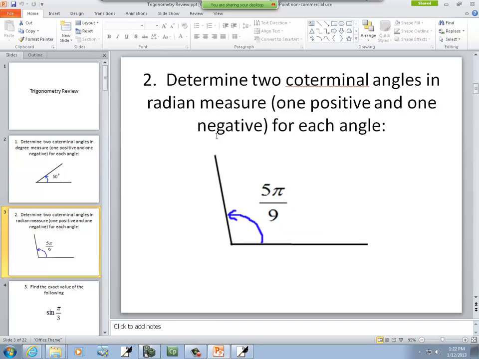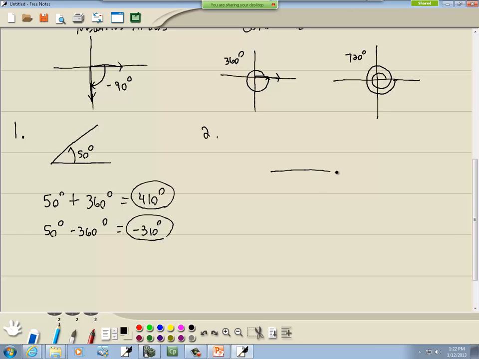We can do the same thing with radians. Here we got one that's 5 pi over 9. And again, I'm just kind of guessing where that's at. So we can take 5 pi over 9, and we can add 2 pi. Now this is a mixed number.